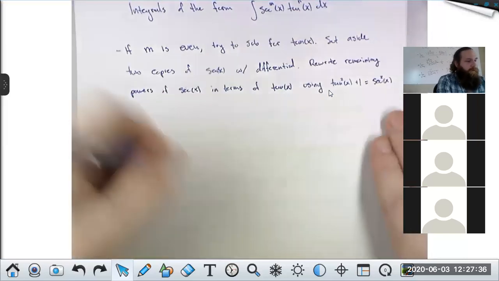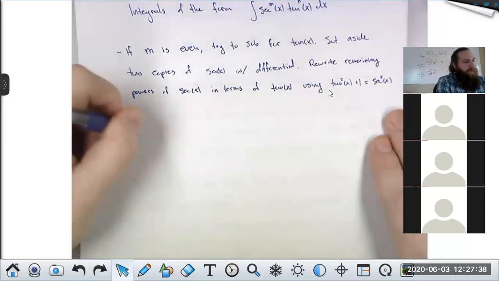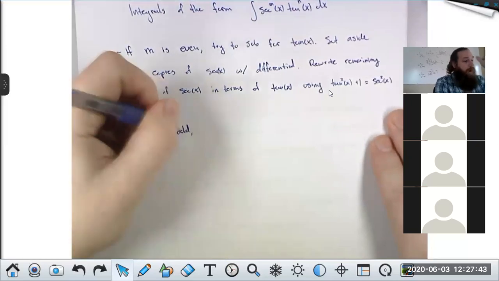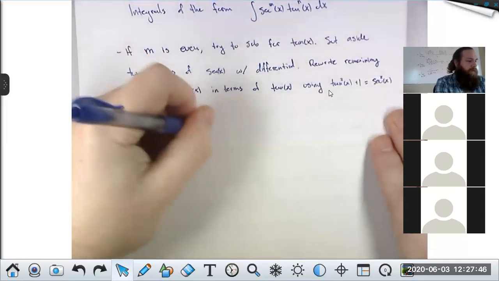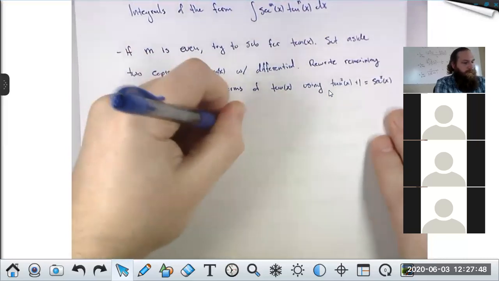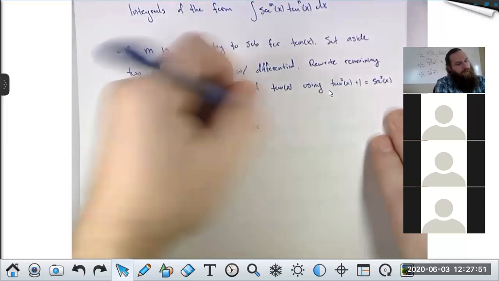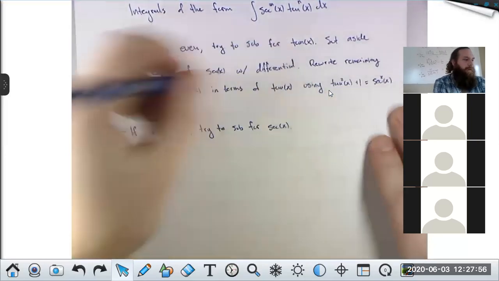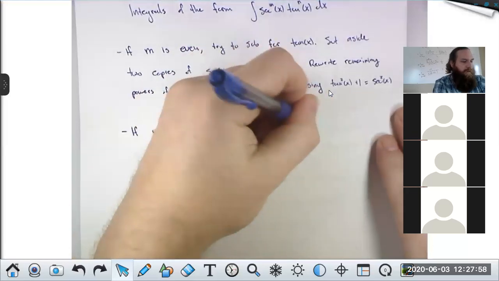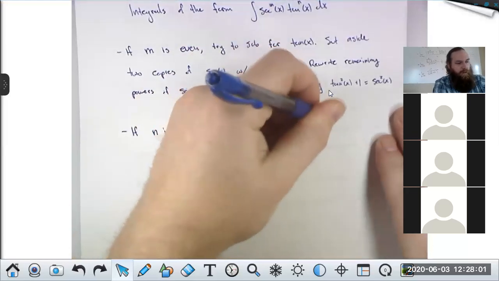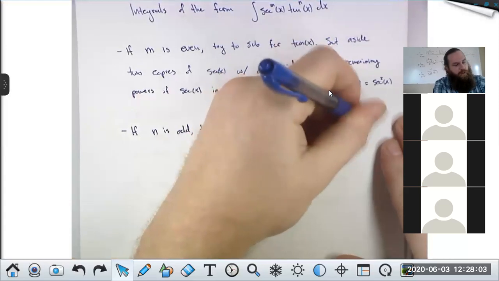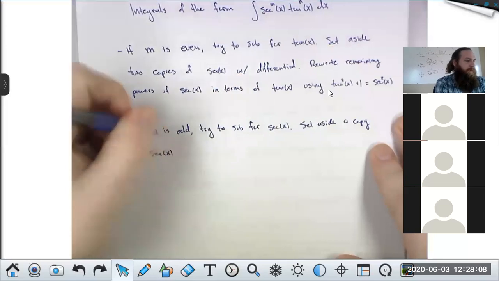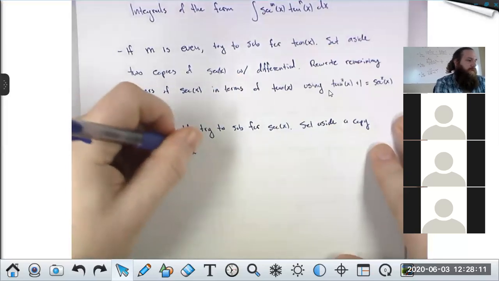On the other hand, if the power of tangent is odd, I'm going to try to sub for secant. To do that, I'm going to have to set aside a copy of secant tangent with the differential.